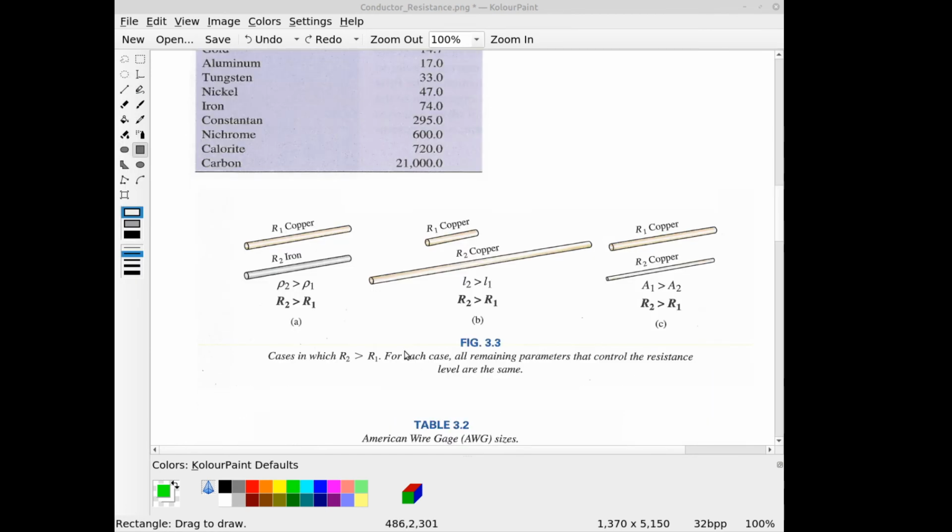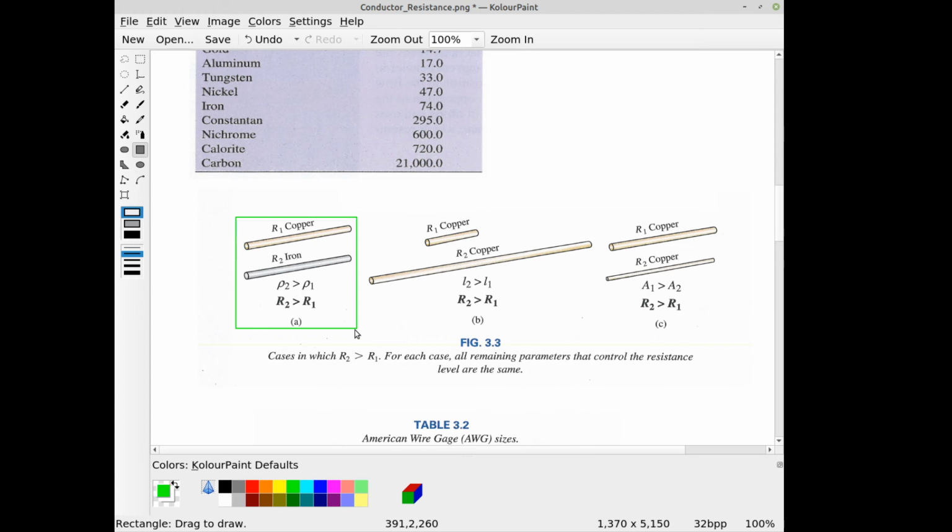All right, this is figure 3.3 in your book, and it just goes along with the equation for resistance. Now remember that the actual resistance comes from the physics of the material. So if you have two pieces of material that are identical in size, then their resistance is based on their resistivity.